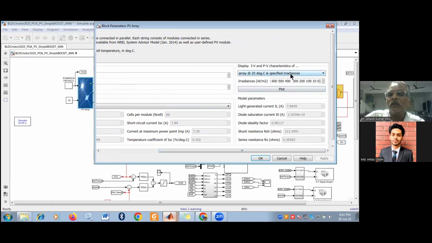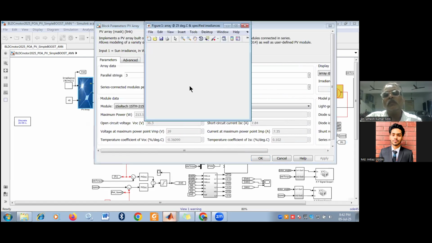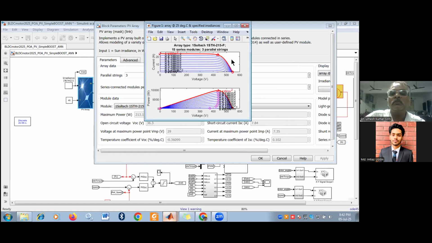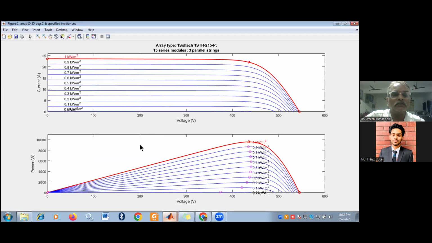Here we can check the irradiance and temperature graphs of the whole module. Whatever module we have selected, this system draws the PV and IV characteristics. Based on this, we have noted some values: what is the value of voltage and what is the value of current.